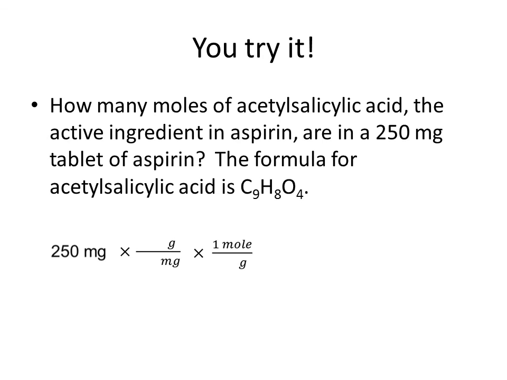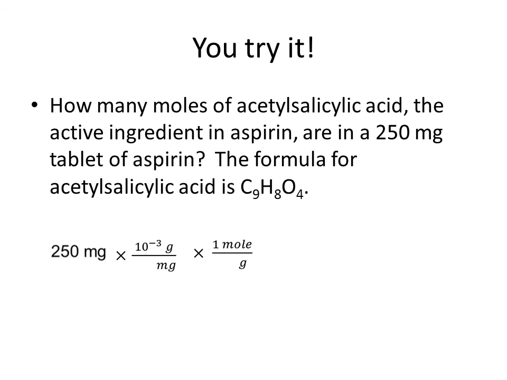To do this problem, we're going to first write down 250 milligrams. I cannot go from milligram to mole directly. I can go from gram to mole though. So I'm going to have to do a conversion of milligram to gram and then do a conversion from gram to mole. In order to do that, I have to go back to my prefixes and remember that milli is equal to 10 to the minus 3, so milligram equals 10 to the minus 3 gram.